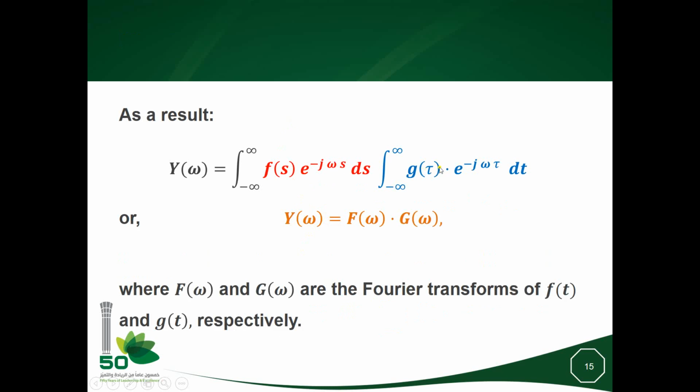When I integrate now over time, I replace dt by d tau, and I see that this term is equal to the Fourier transform of g(t), and this term is the Fourier transform of f(t). So the convolution of f(t) and g(t) has a Fourier transform equal to the product of the two Fourier transforms, F of omega and G of omega.